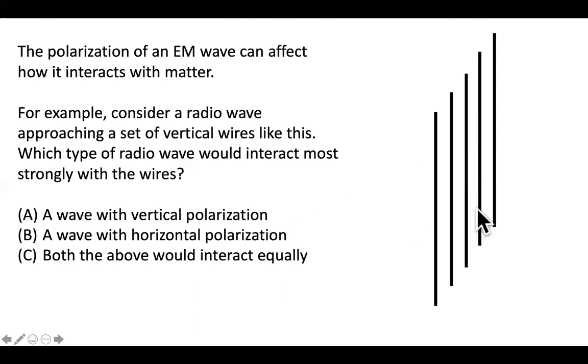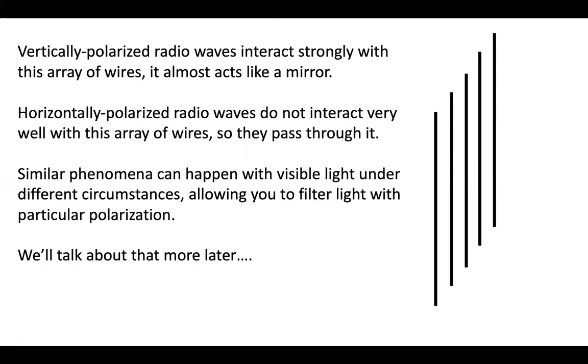So this means this thing acts like a mirror for vertically polarized light, but like basically nothing for horizontally polarized light. And that means that polarization can be isolated, can be filtered by setting up situations like this. And this not only happens in radio waves, it happens in light.